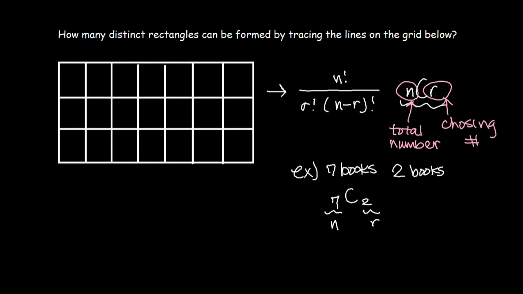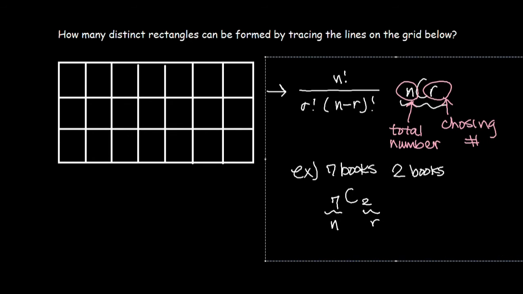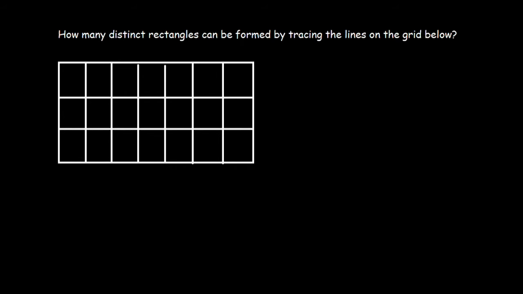So this is the same concept that you'll be using to solve this complex looking problem. Let me go ahead and show you guys how you can apply the same concept to this complex problem. So let's go ahead and get rid of this. Here it's asking you how many rectangles you can form, right? So let me first draw a rectangle. You might have a rectangle that looks kind of like this in your mind.